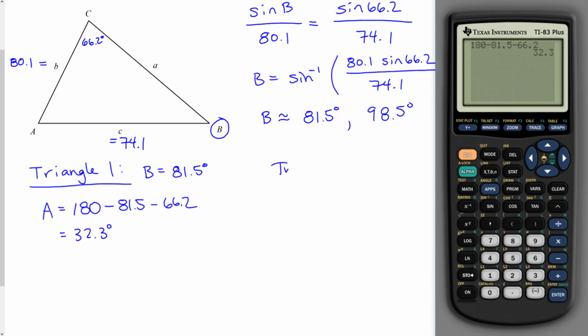For triangle 2, we're using B as 98.5 degrees. We just do a similar thing. We still need to solve for angle A, in the exact same way. So 180 minus 98.5 minus C, which was still 66.2. So this would be 15.3 degrees.